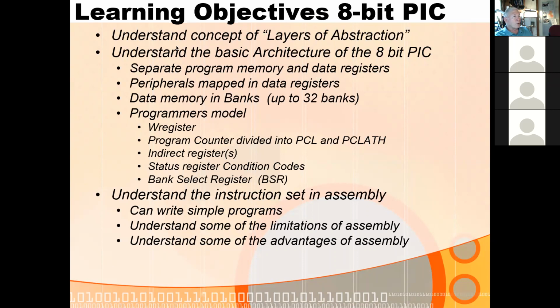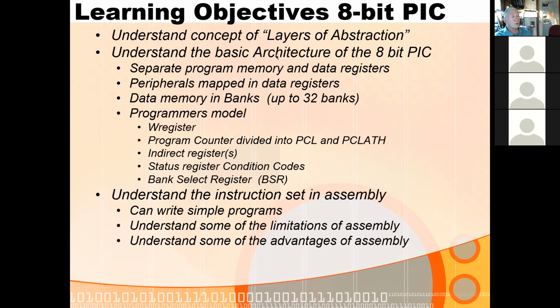The program memory is in a separate memory area, and the data memory and the special function registers and all the core registers are all in a separate area. And that's what makes this a Harvard machine. And it turns out there's a separate address bus and data bus for the program memory from the address bus and data bus for the data and special function registers.